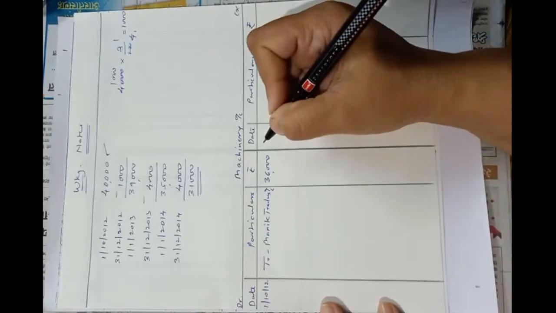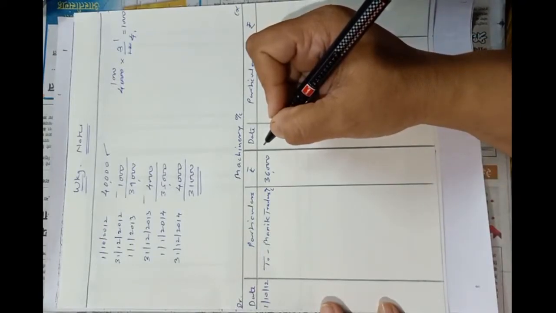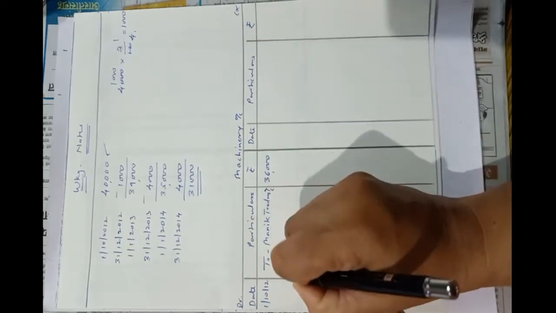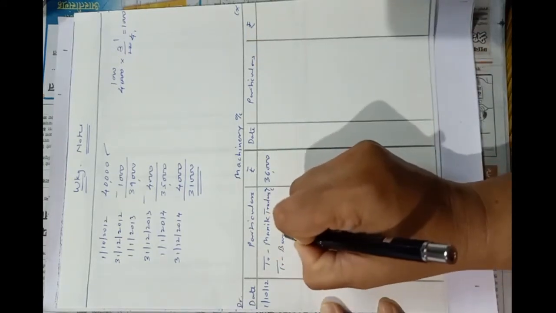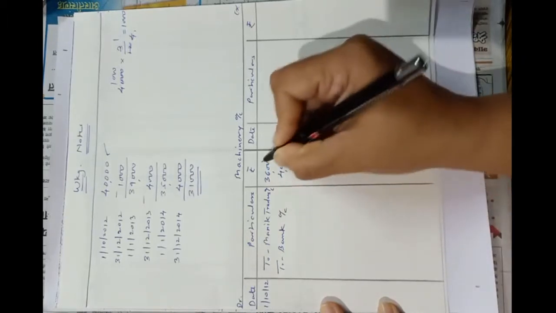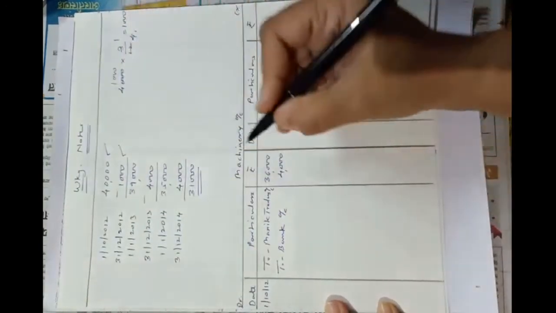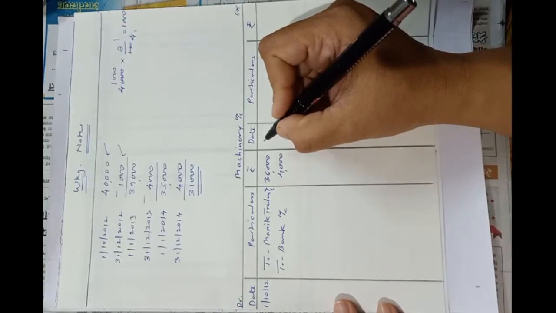And on the same date they have spent for cartage rupees 3,000 and 1,000 for installation by check. So on the same date to bank account rupees 4,000. So total cost of machinery is 40,000. Okay, then at the end of first year on 31st December we have to deduct the depreciation.